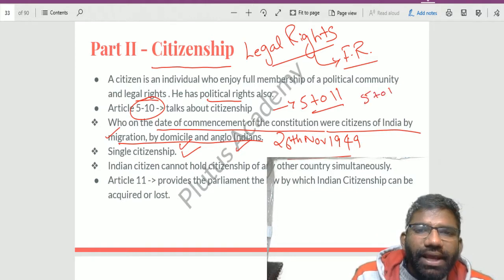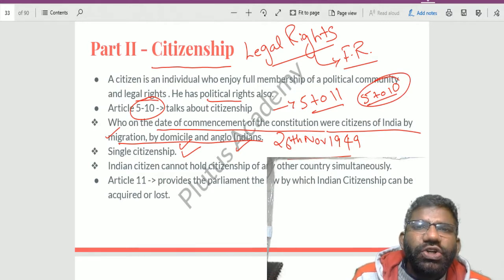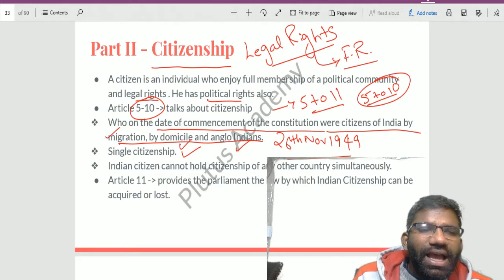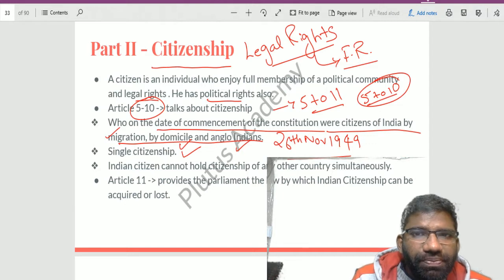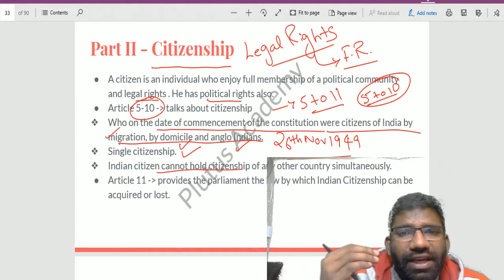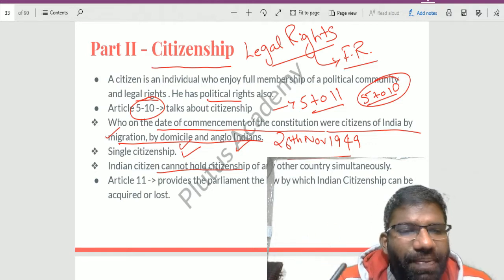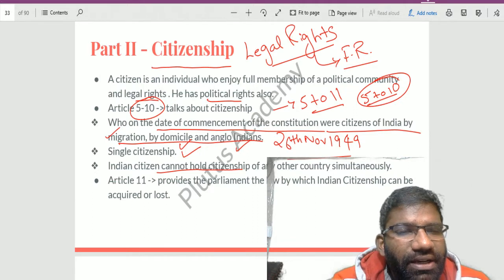If he needs to be a citizen of any other country, he needs to give up his citizenship and adopt the citizenship of that country.